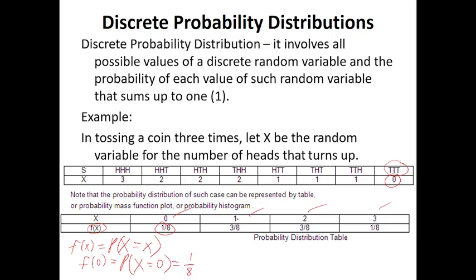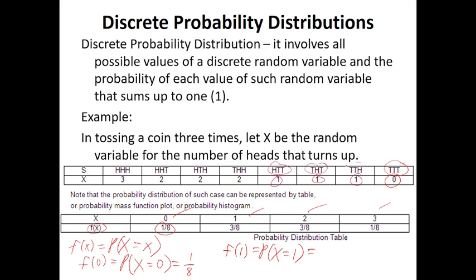Another example, if we consider f of 1 for the value of x equals 1, this is the probability that the random variable x is equal to 1. And in this case, we have 3 outcomes for 1, right?